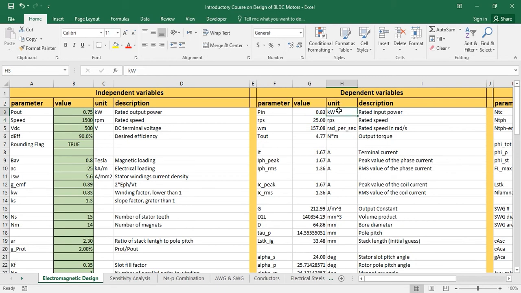The unit is kilowatt. As you can see here in this Excel file, for each design variable, we have 4 cells: the name of parameter, its value, its unit, and its description. So the input power is equal to output power divided by desired efficiency.